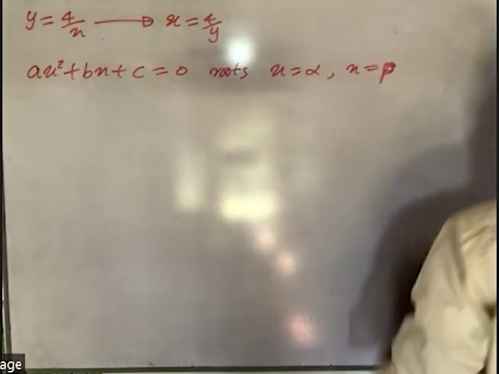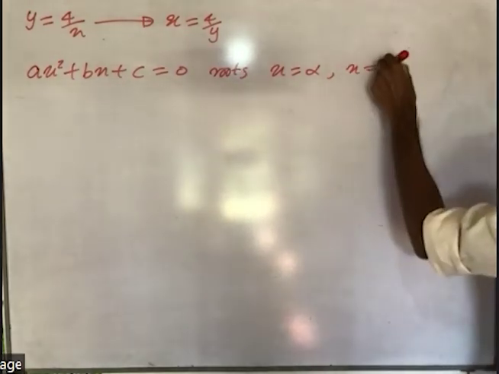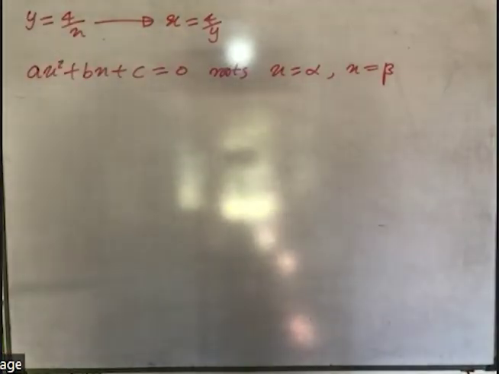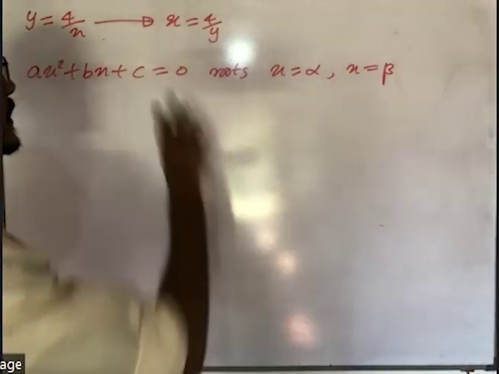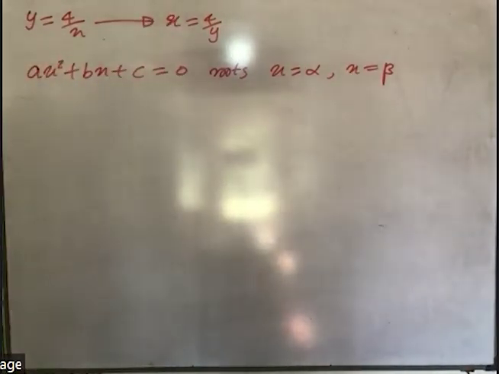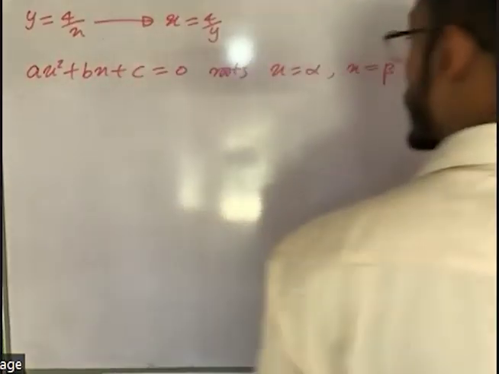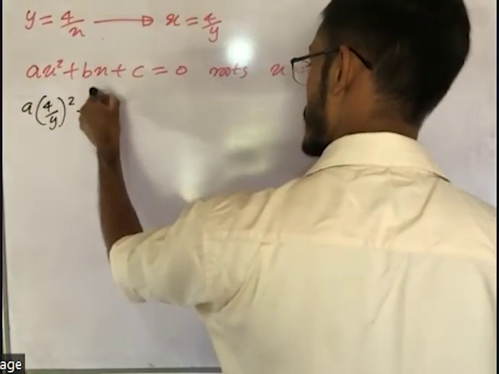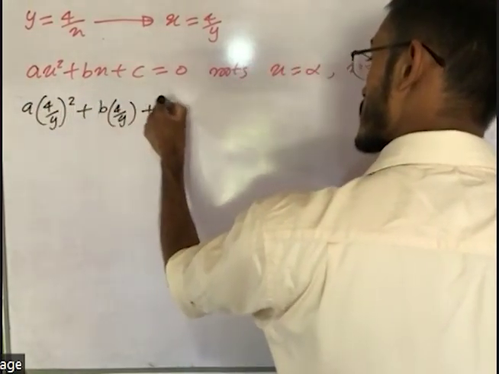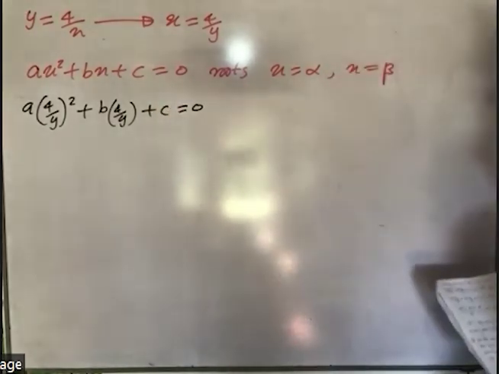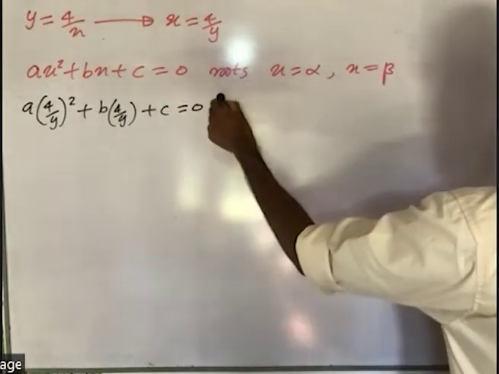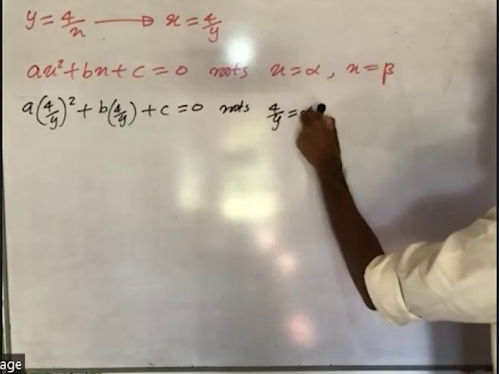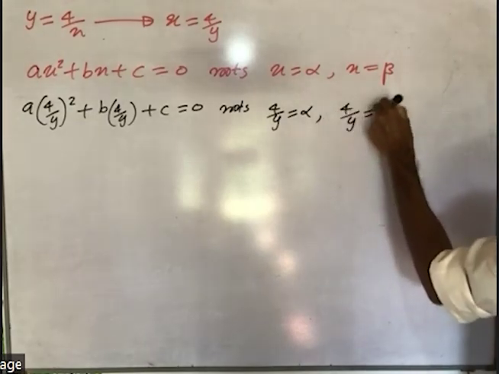These are the 2 roots that they have given, right? Now we are going to convert this x variable into y variable. So instead of x, write down 4 over y. Here a(4 over y) squared plus b into 4 over y plus c equal to 0. Here roots are, instead of x, 4 over y equal to alpha, here 4 over y equal to beta.